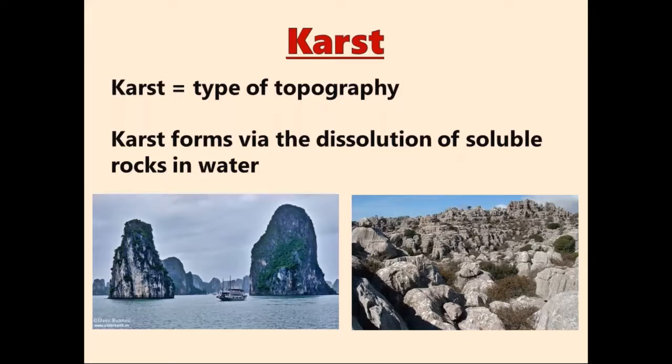Okay, to address the earlier question about what is karst, here's the description of karst. Again, it's a type of topography that forms via the dissolution of soluble rocks in water.